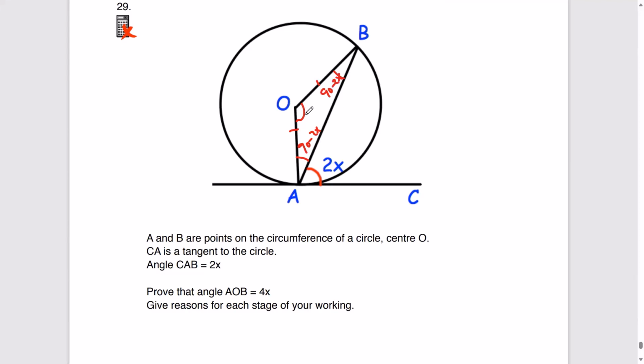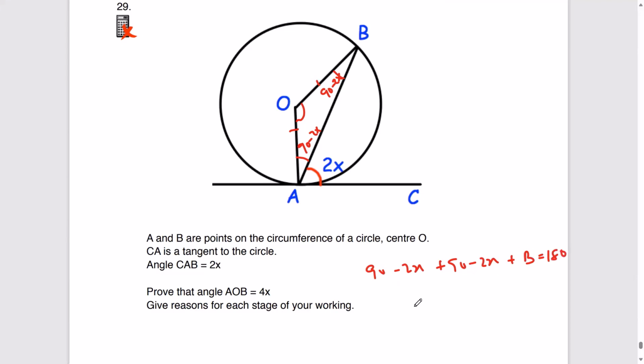So to work out this angle, you do 90 minus 2x, add 90 minus 2x, plus this angle here. Let me call the angle B. You can call it anything you want. That's equal to 180.